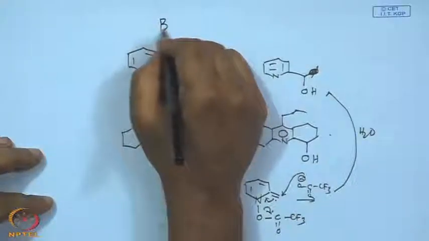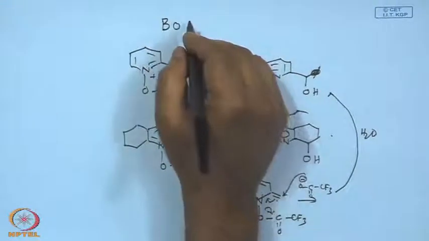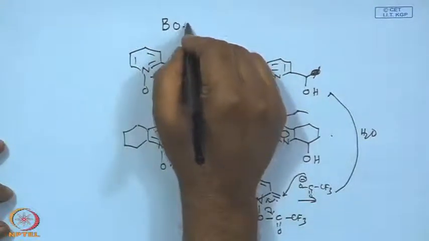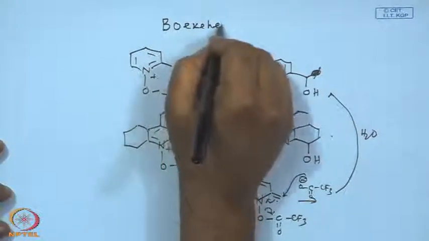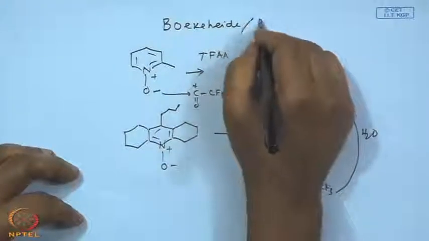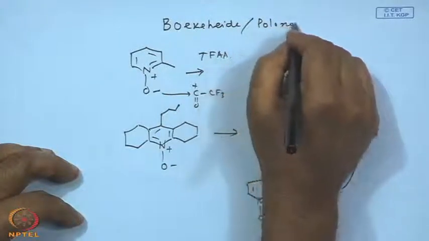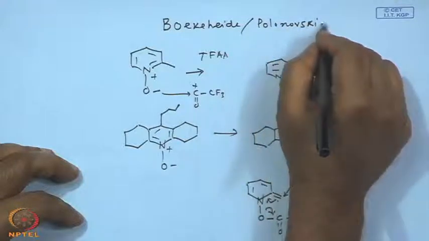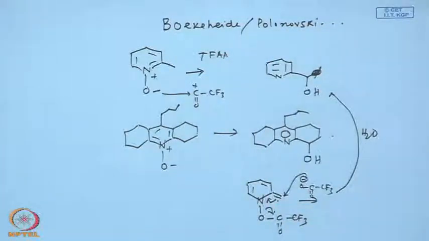So, there are a good number of rearrangements which are based on these reactions, and this is known as the Boekelheide reaction. Sometimes people say Polonovsky reaction or Polonovsky rearrangement. Okay.